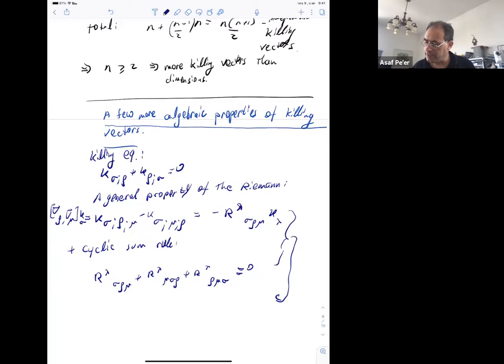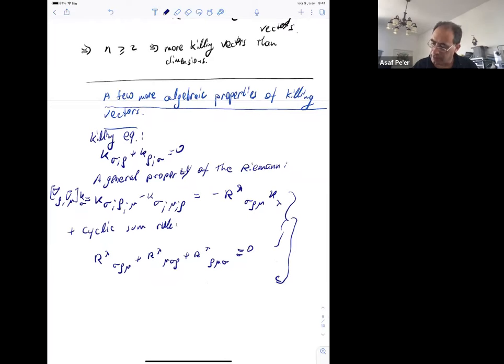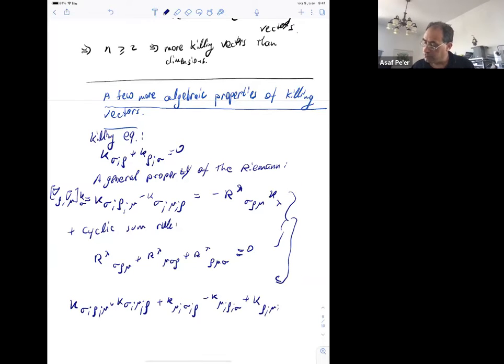I just add up all these, and we find out that K sigma rho mu minus K sigma mu rho plus now the cyclic sum, so plus K mu sigma rho minus K mu rho sigma plus K rho mu sigma minus K rho sigma mu is equal to 0.